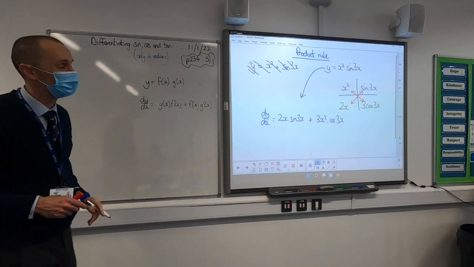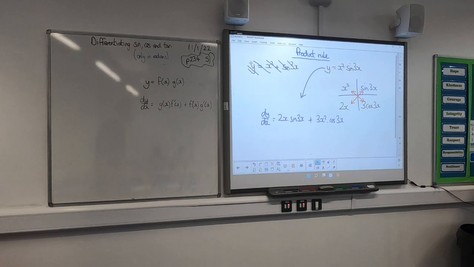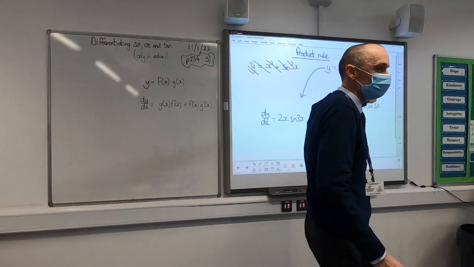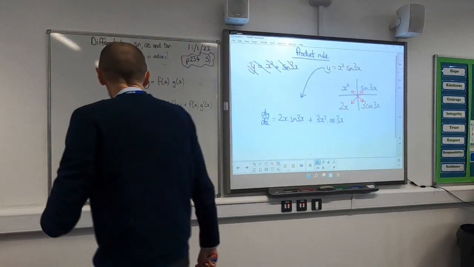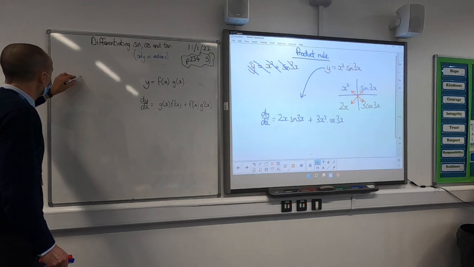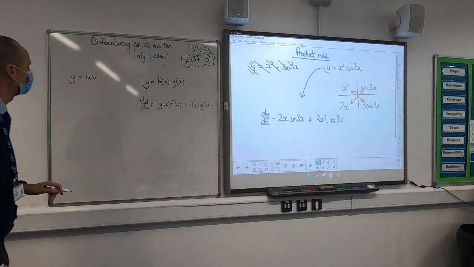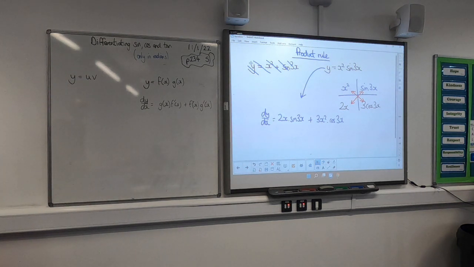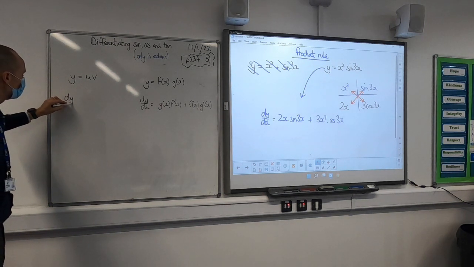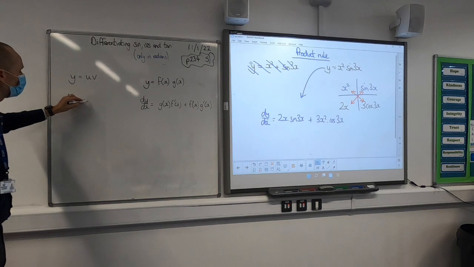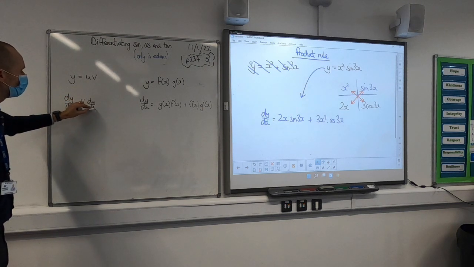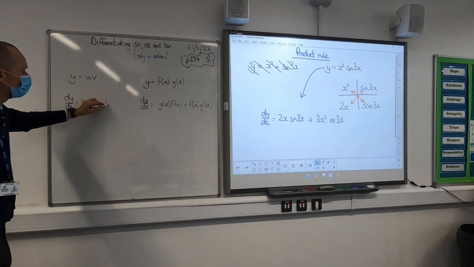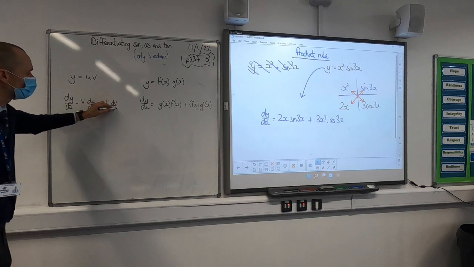You could write it like that if you wish. You may feel you don't need to write it at all because you just do it with the windows. When I was at school, back in the days, we used to say, right, when you've got two things multiplied together, we'll call them u and v. So it's v multiplied by what you get when you differentiate u, added to u multiplied by what you get when you differentiate v.